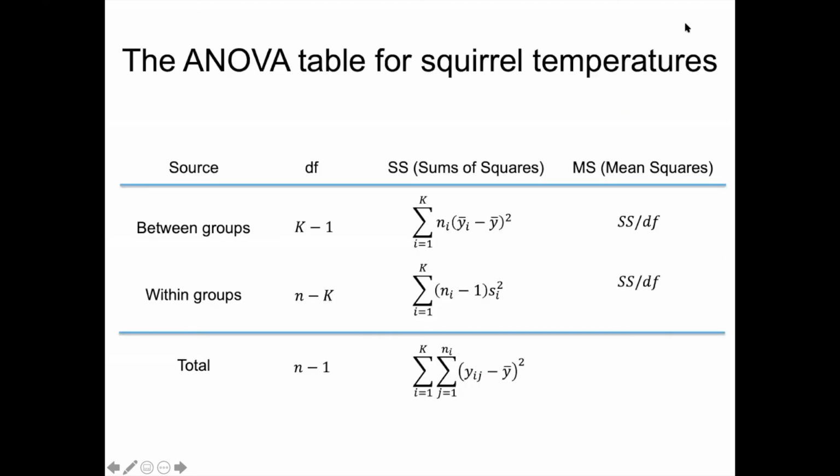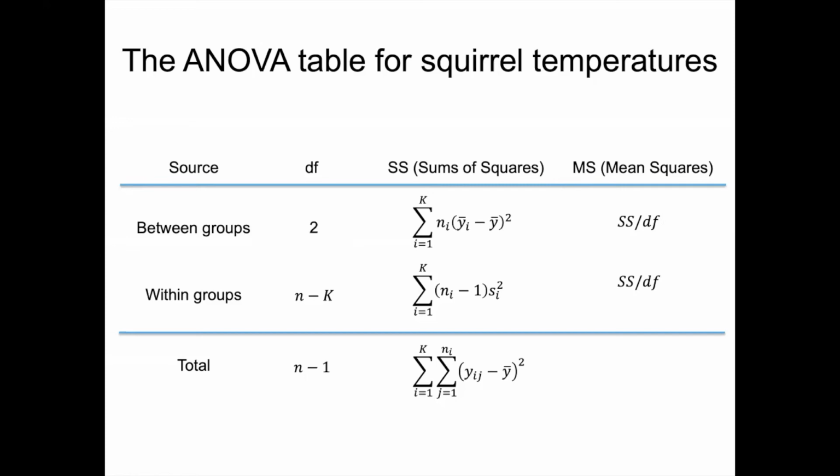Okay, so let's walk through our ANOVA table for our ground squirrel example. If you recall, we had 3 samples in this example, squirrels that experienced hot, cold, and warm temperatures. In this case, the number of groups or number of samples is represented by k, and so our degrees of freedom for our between group effect is k minus 1, which is equal to 2.